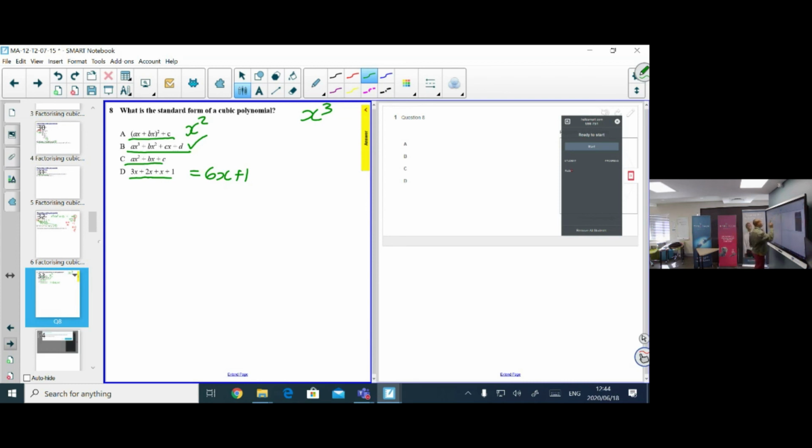So our solution to this would be that B is the solution, as we have discussed, because a cube is involved and it's in standard form, because it's following the sequence of going from your highest power to your constant.